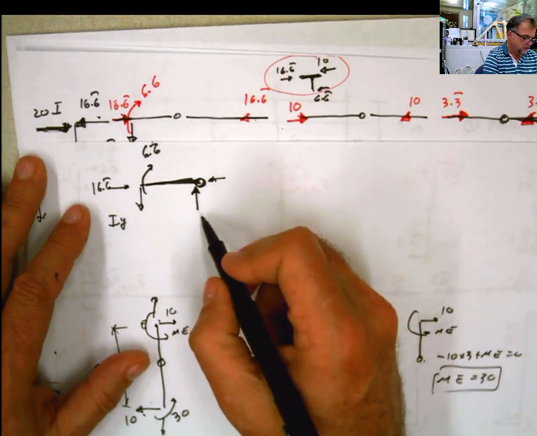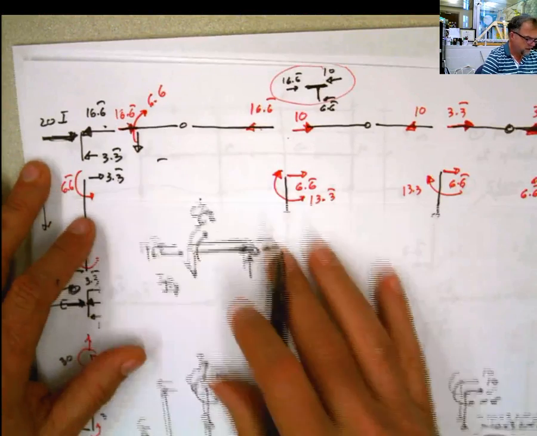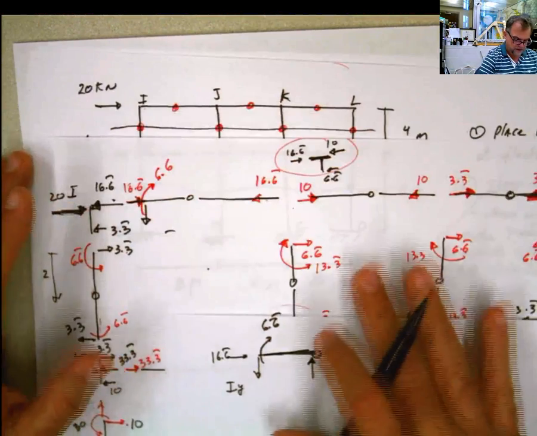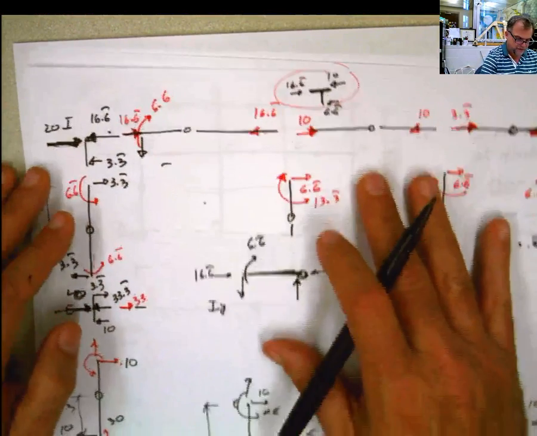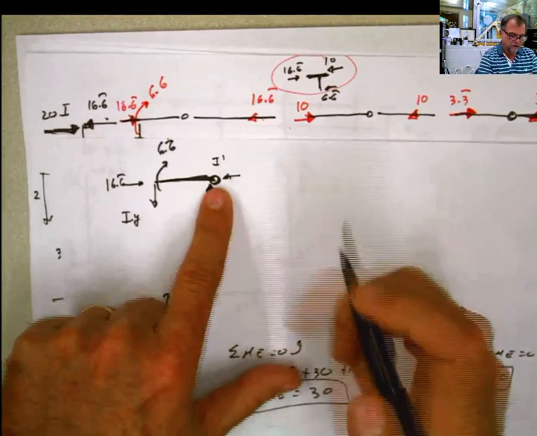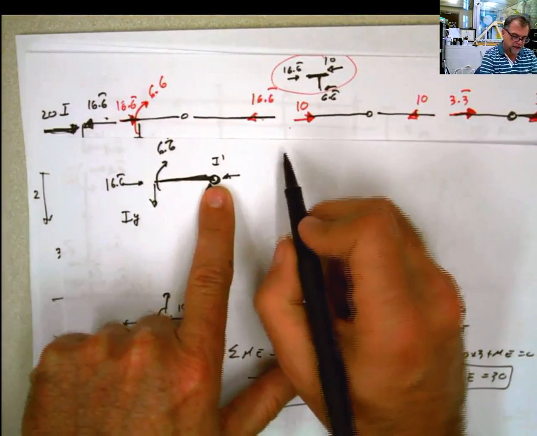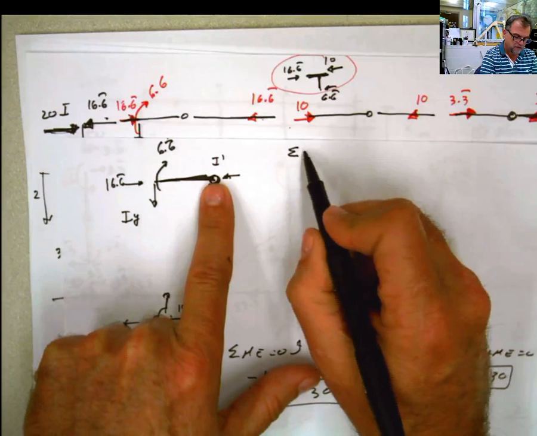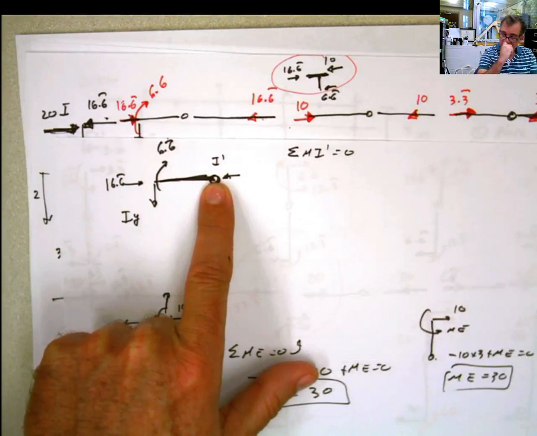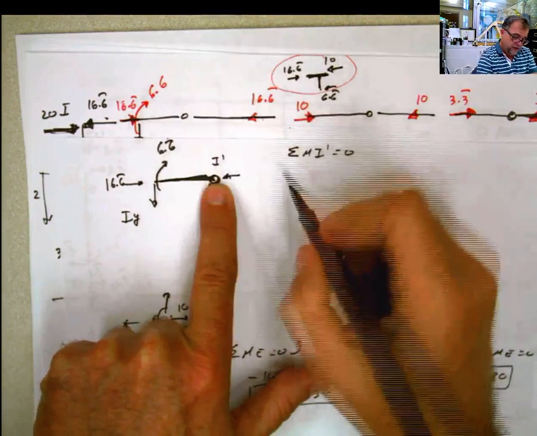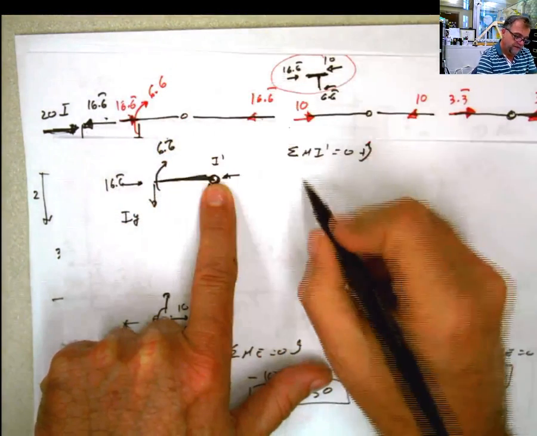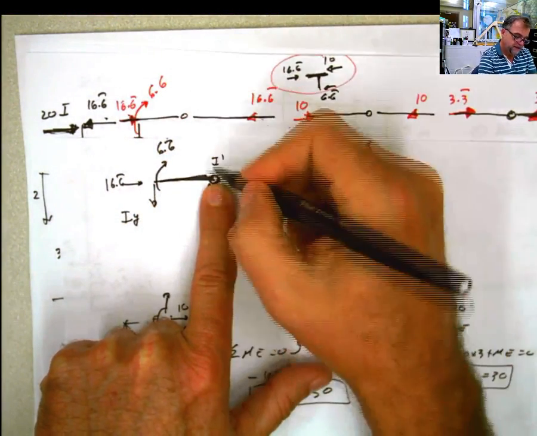I don't know if this is the point, how do I call that? I, J, I'm here at the point I prime. If I go to I prime and say summation of moments at I prime equals 0, and I say this is positive, I'm going to have IY times this distance.